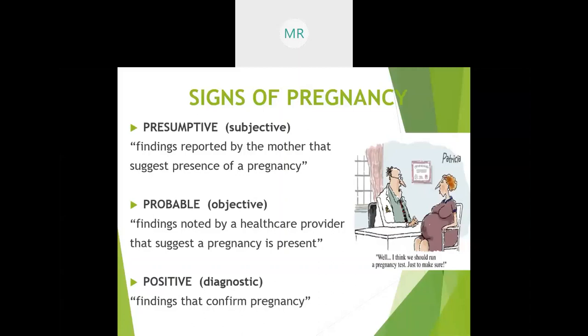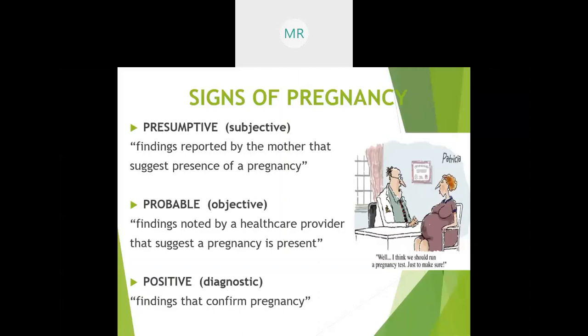So with that being said, a positive pregnancy test will stay under probable because there's only three findings that will confirm a positive sign of pregnancy. So positive pregnancy test is still probable. It's objective. I could see it, but because it could be caused by a molar pregnancy, which doesn't have a heartbeat, so it's not a true pregnancy, we leave the pregnancy test as being probable.